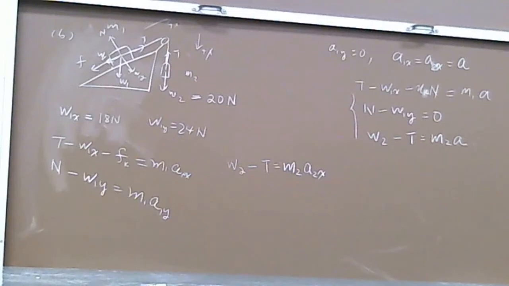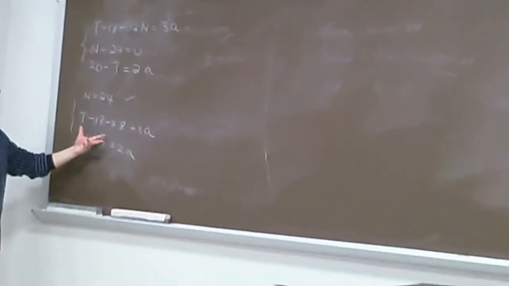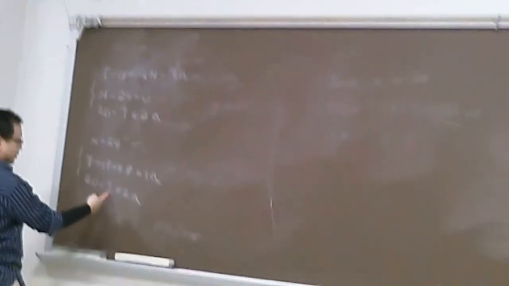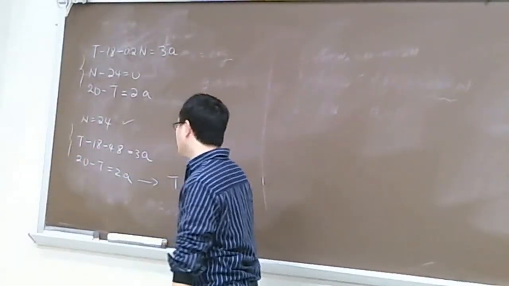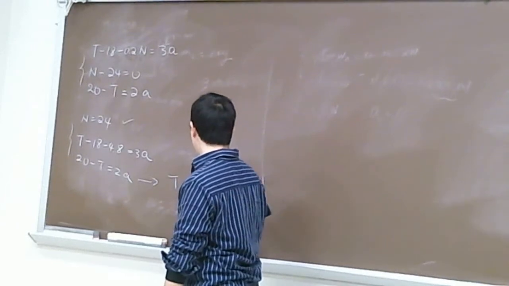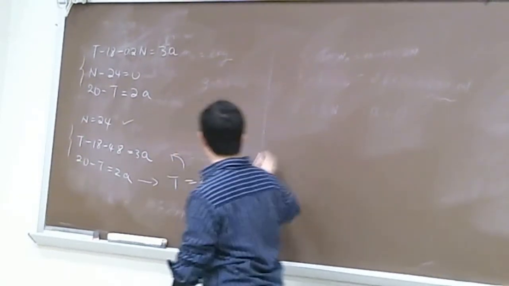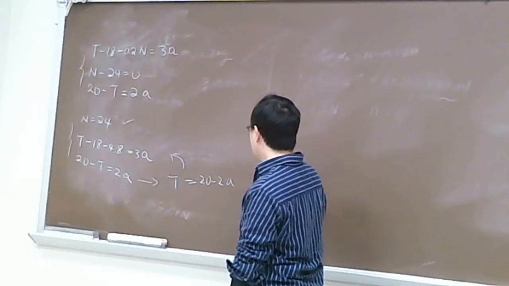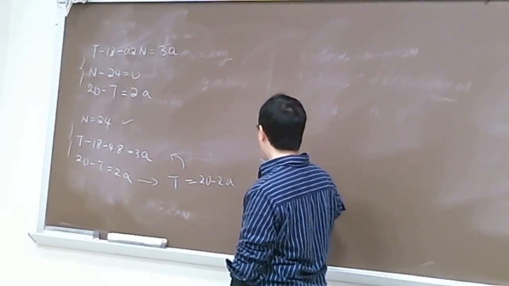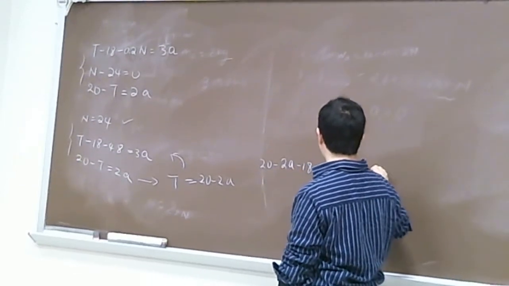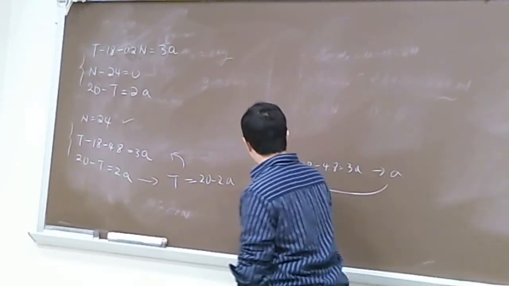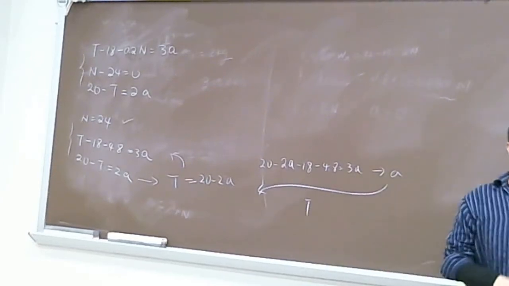The simplest way: from this you get T equals to 20 minus 2a, and substituting here you get 20 minus 2a minus 18 minus 4.8 equals to 3a. So you can get a, and substitute here, you can get T, right?